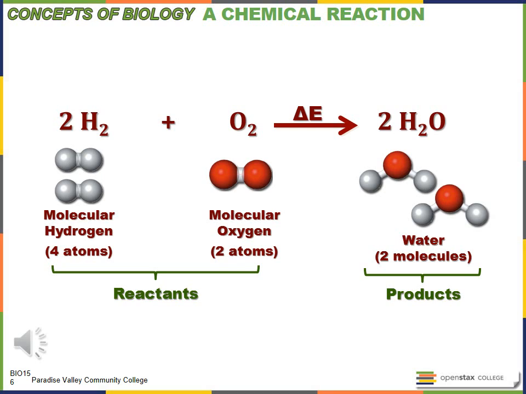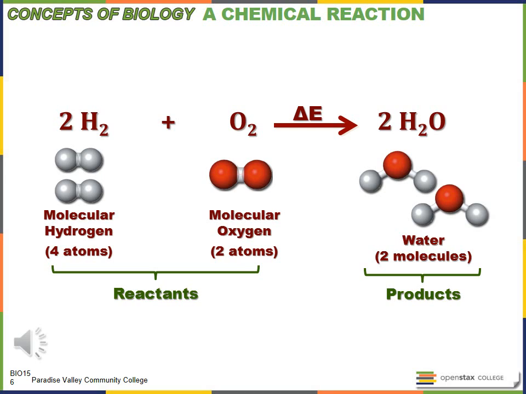So we've got two hydrogen molecules that are formed, and we've got two of those. And then it shows you've got two of the oxygen molecules combining. And so by way of chemical bonding and hydrogen bonding, you end up with two water molecules.